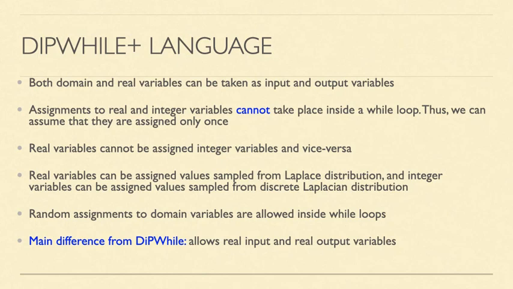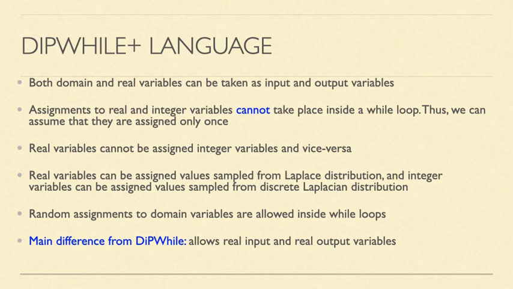In this language, the infinite domain variables, that is the real and integer variables, cannot be assigned inside loops. There is no restriction on assignment to domain and Boolean variables. Real variables can be assigned values from Laplace distribution, and integer variables can be assigned values sampled from discrete Laplace distribution.